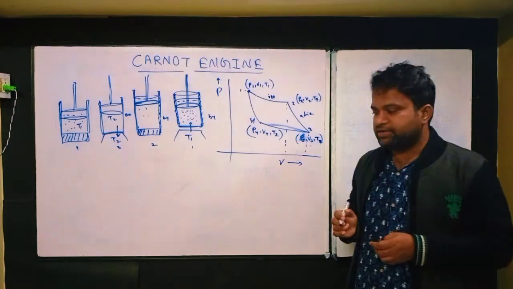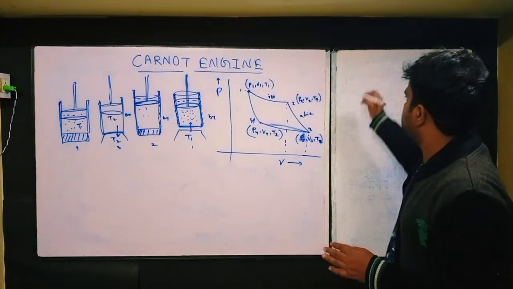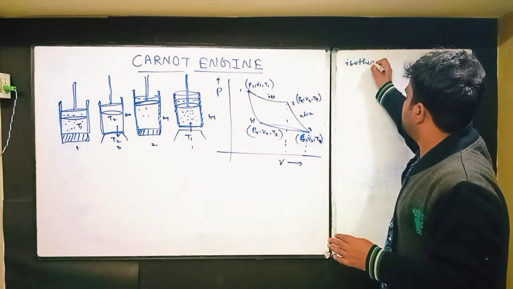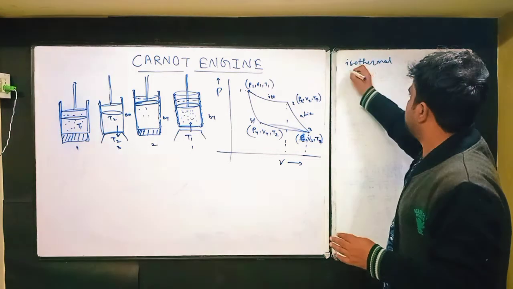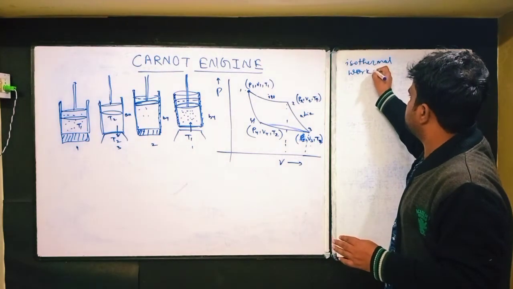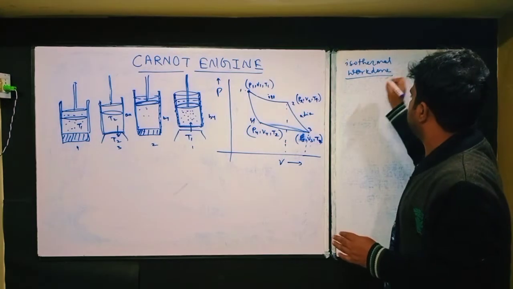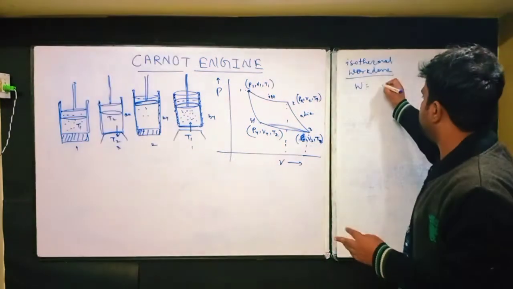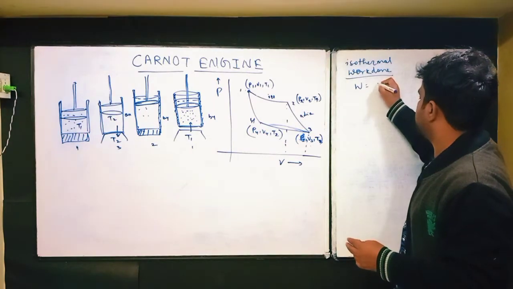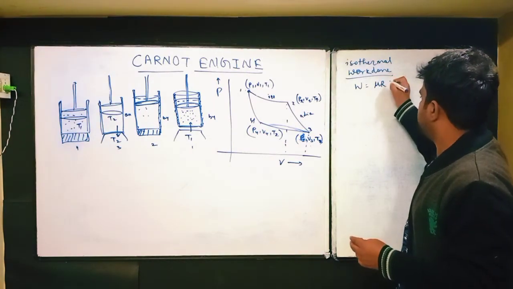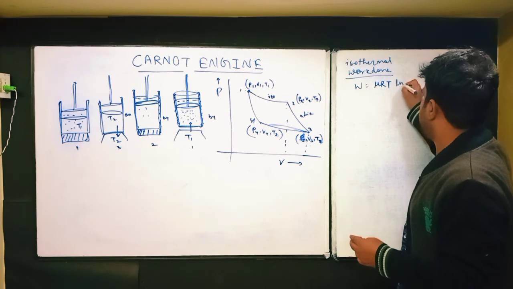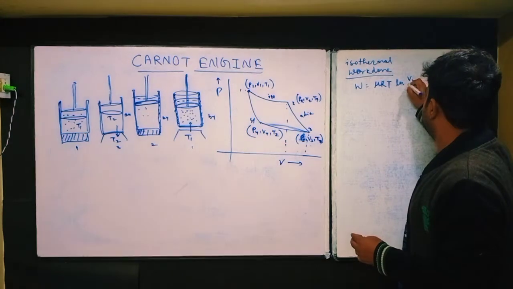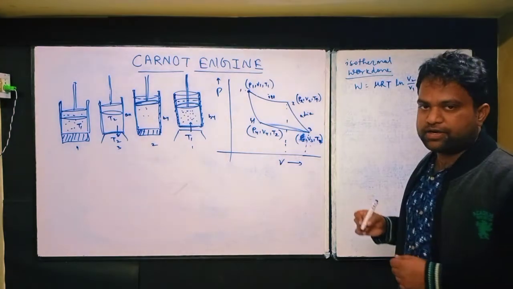So if you remember, for the isothermal process, the work done is W equal to, if it is expanding, then mu RT ln P2 by P1. Mu is the number of moles. So this is your work done for the isothermal case.